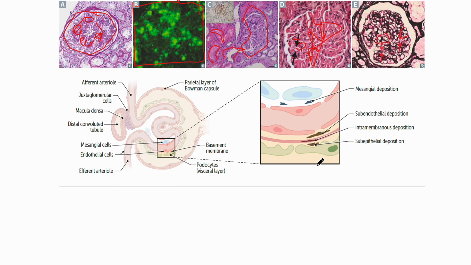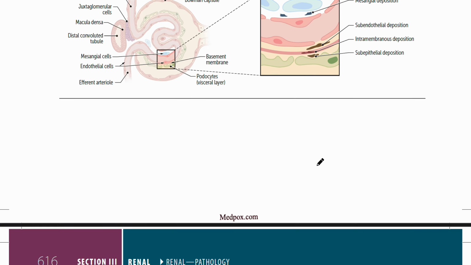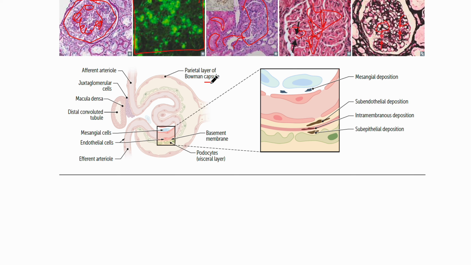That is how we finish our nephritic syndrome. Okay, there is a parallel layer of Bowman capsule in here, the afferent arteriole. This is mesangial deposition. Here you can see this deposition is mesangial deposition. This is a mesangial cell, right? These are endothelial cells, and this is the basement membrane right here. You can see this one is the basement membrane, and this is intramembranous deposition.